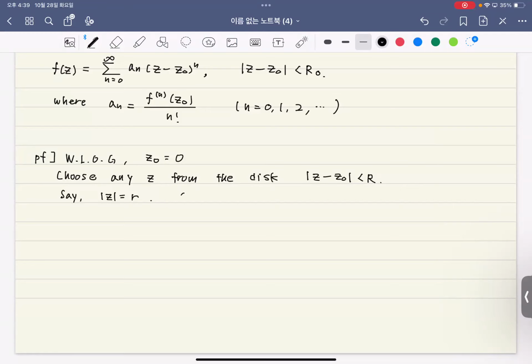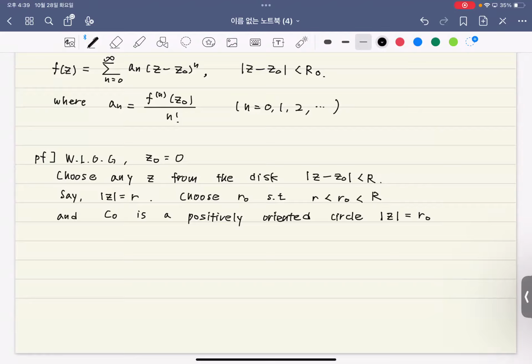I want to choose another number, which I will call r0, such that it is greater than r and less than large R. And C0 is a positively oriented circle whose radius from the center is precisely r0. So, okay.